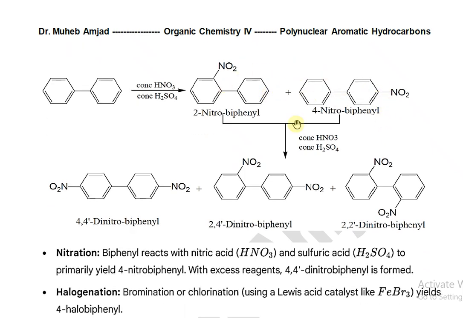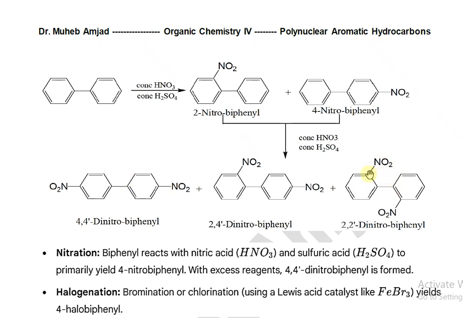Also, this compound can undergo further nitration to give us 3 types of products. Look here, we have 4,4-dinitro-biphenyl, 2,4-dinitro-biphenyl, and 2,2-dinitro-biphenyl. Which one is the major product? Of course, this will be the major product here, and this will be the minor product.